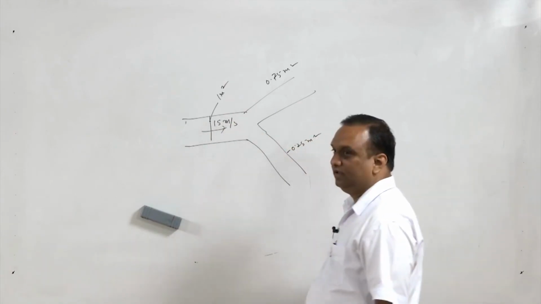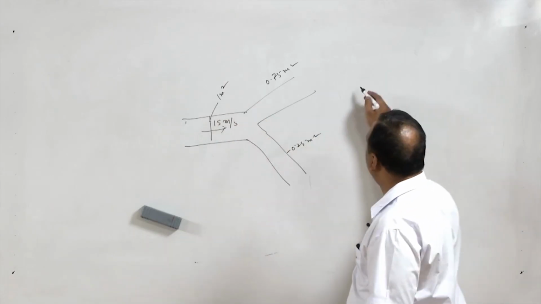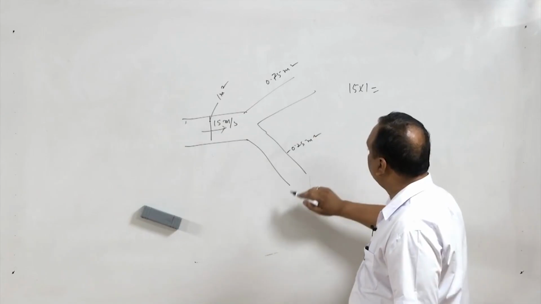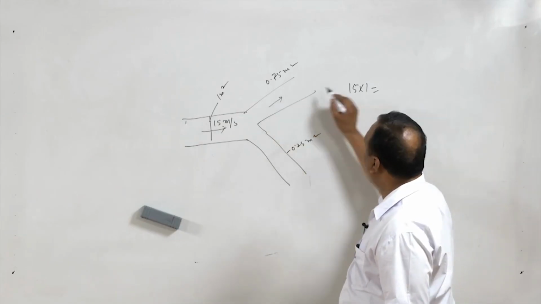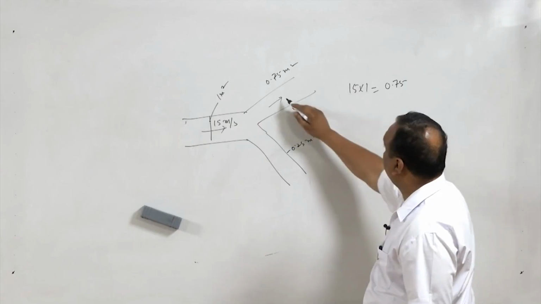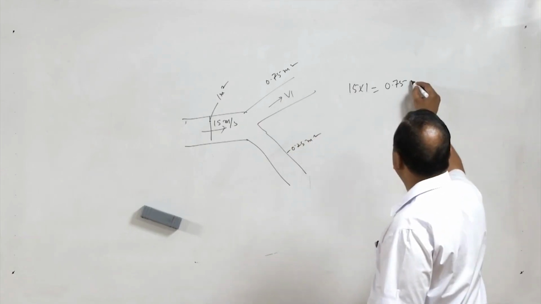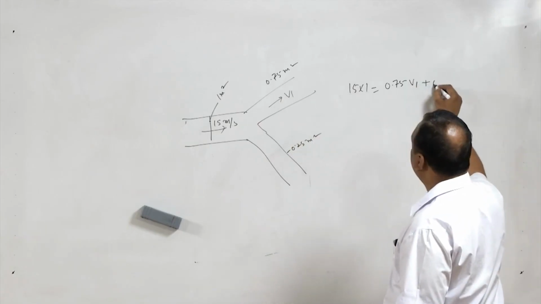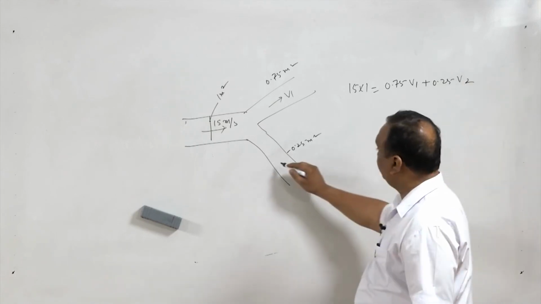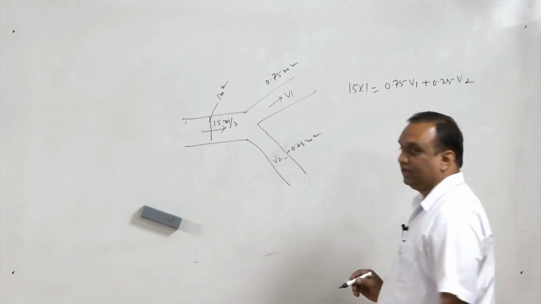So, discharge here is 15 into 1, total discharge A1 V1, equal to 0.75 velocity here plus 0.25 velocity 2, V2, right.